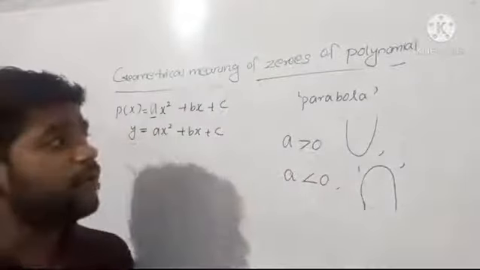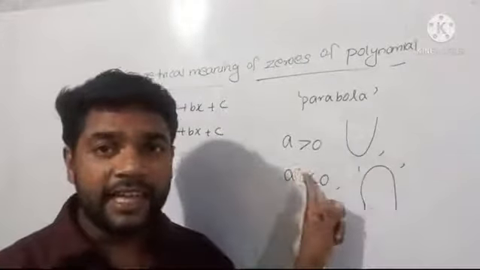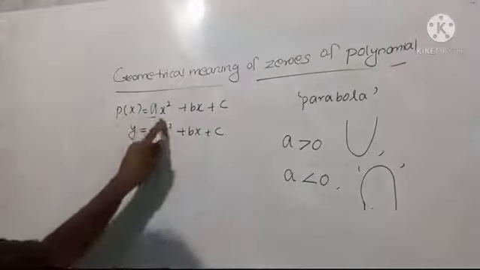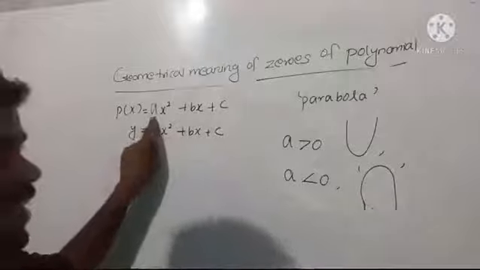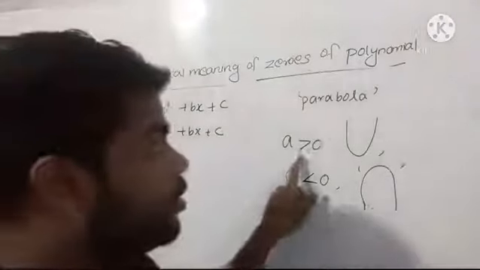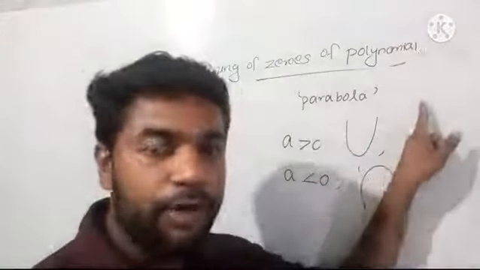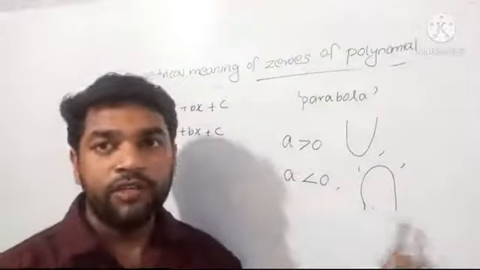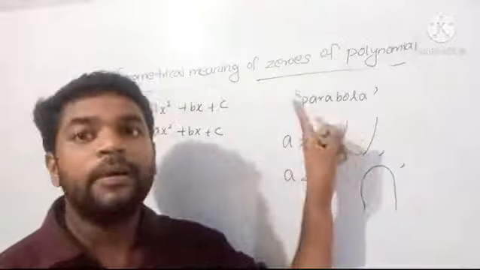So when is the parabola upward? If a is greater than 0. The standard form of the quadratic polynomial p of x is equal to ax square plus bx plus c; if a is greater than 0, you will get a parabola upward. When a is less than 0, you will get a parabola downward. So the graph of a quadratic polynomial is a parabola.